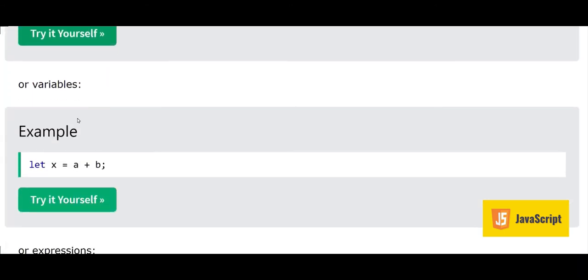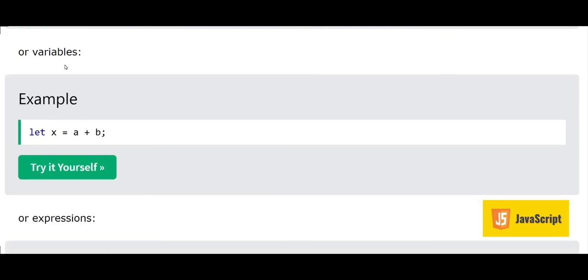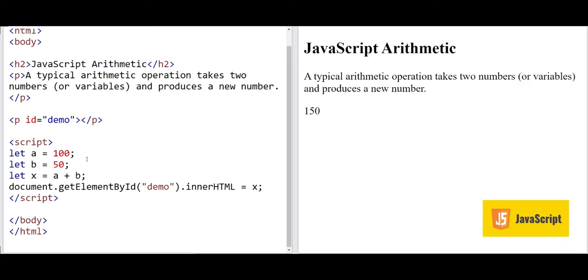Or we can have this addition applied on variables. Let's say we have a plus b, they can have any values, and their addition is assigned to this variable x. Here in this code a is equal to 100, b is equal to 150.